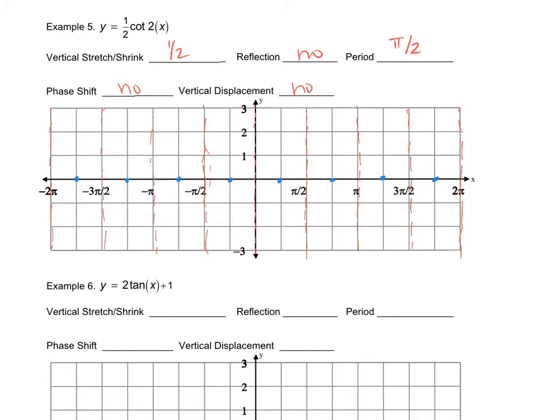So at pi over 8, that is going to be here on the x-axis. Normally that's where I would have a y value of 1, but because I have a vertical shrink, or a vertical stretch with a factor of 1/2, it now goes here, and then it's symmetric there.